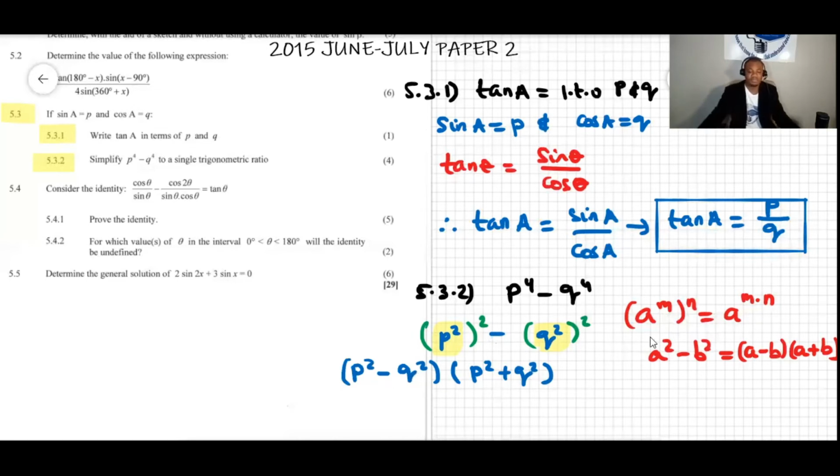Now we can substitute in the values of p and q.